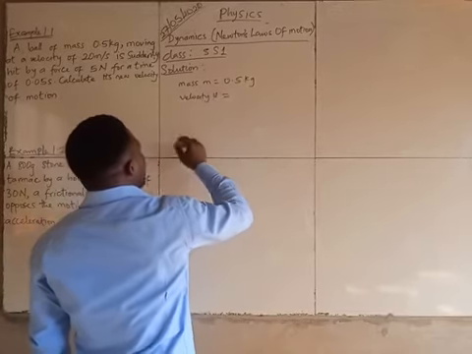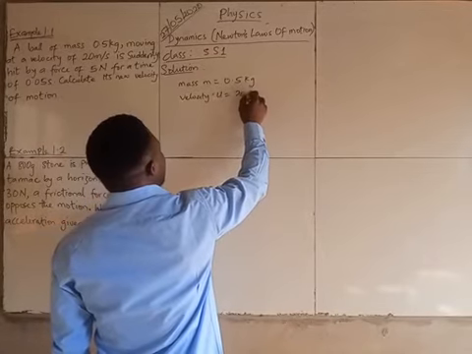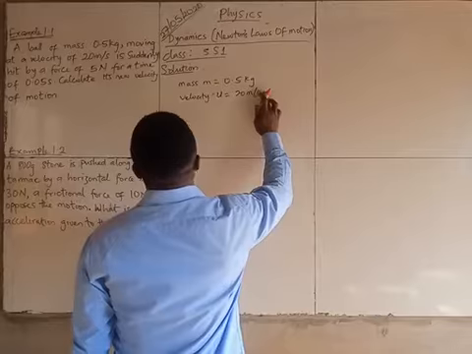initial velocity U, is 20 meters per second. What else are we given?